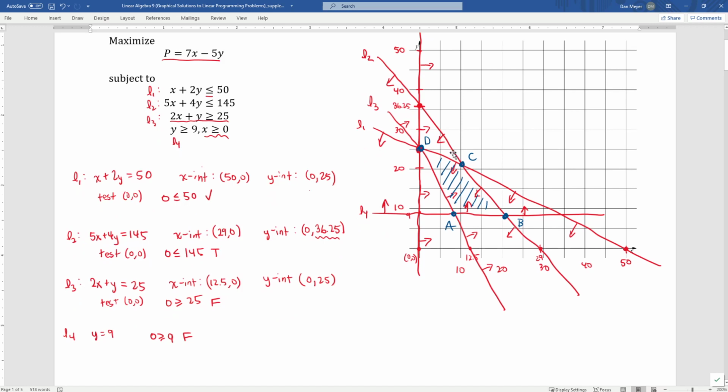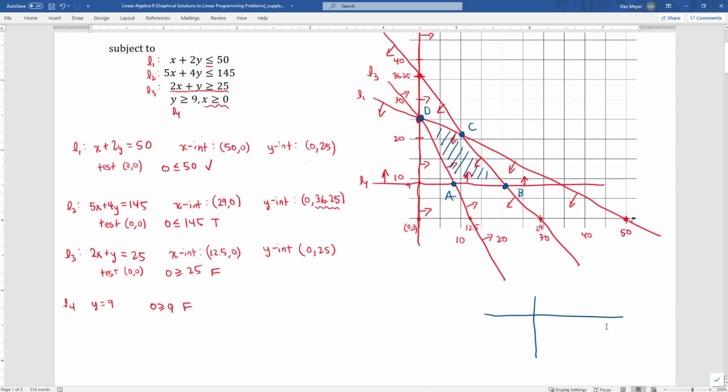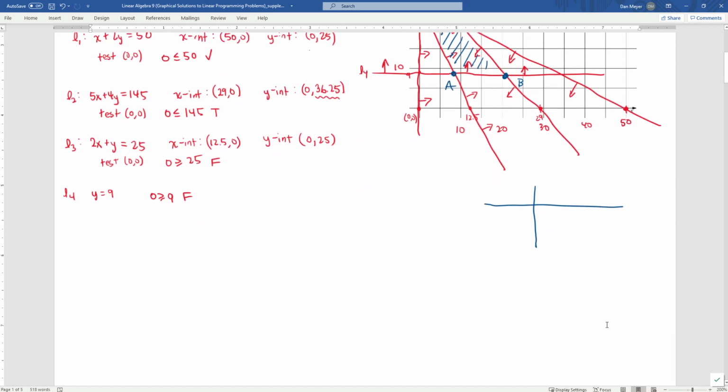So I think D is going to be easy. D was one of these y-intercepts. D was the y-intercept for both line 1 and line 3. So D we know right away. Part of organizing your work here at the very end, we're going to make a t-chart when we do parts 3 and 4, where we evaluate our objective function at these corner points.